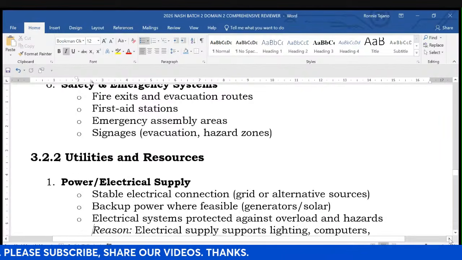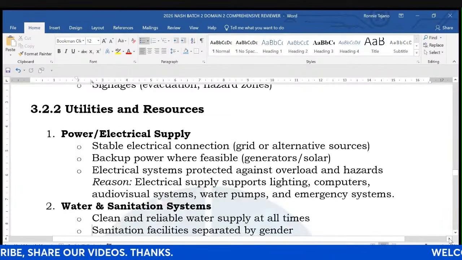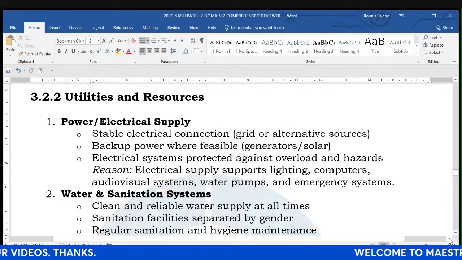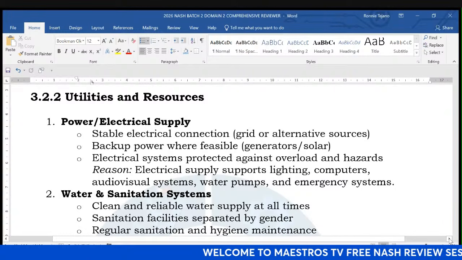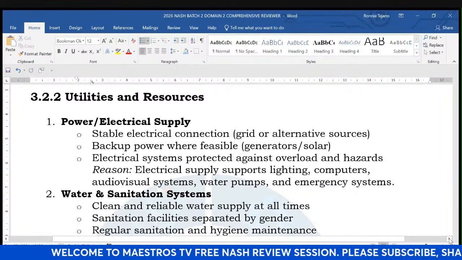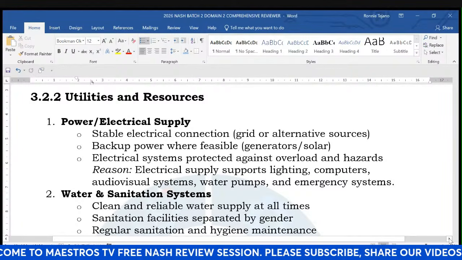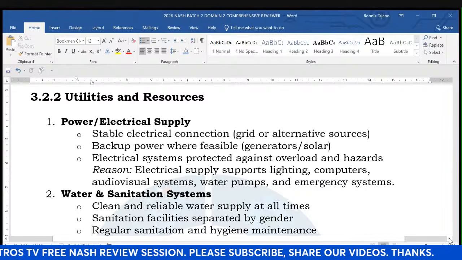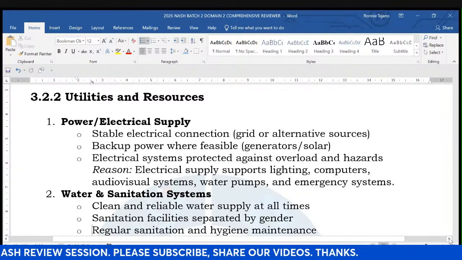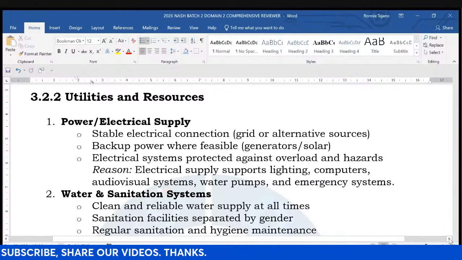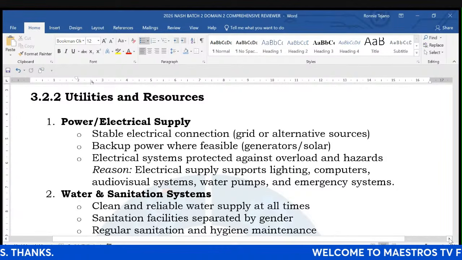Kung saan nandun yung mga pang thermometer, face mask, sanitations, kalimutan nyo na. Ano yung corner? Hindi, yung bago sa gate noon, nung pandemic. Yes, it's the triage, no?